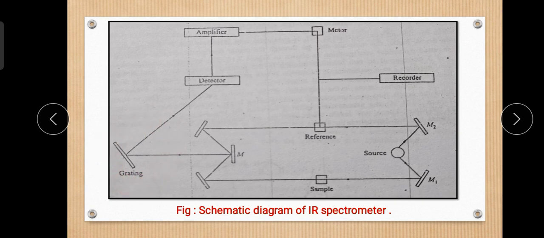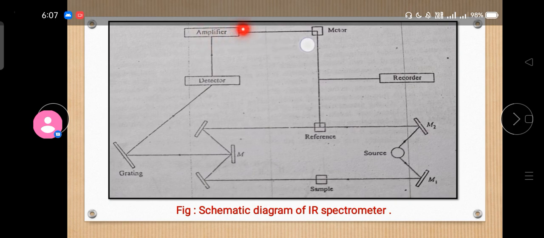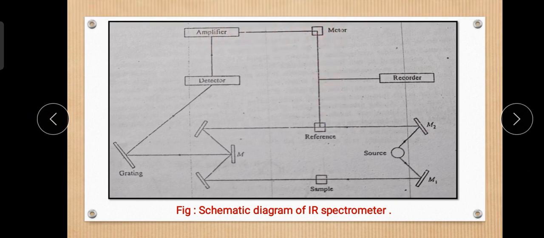The grating or monochromator monochromates the beam, and this monochromated beam is detected by the detector, and after that the detected signal is given to the amplifier, and the amplifier amplifies that signal, and with the help of the motor assembly we connect all those things.